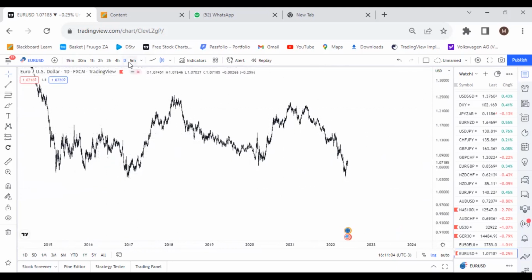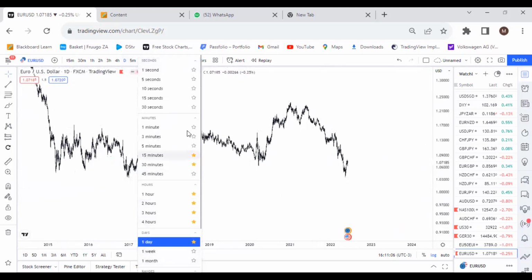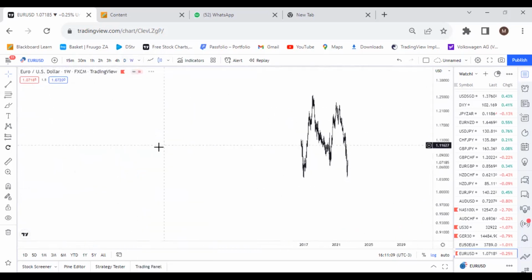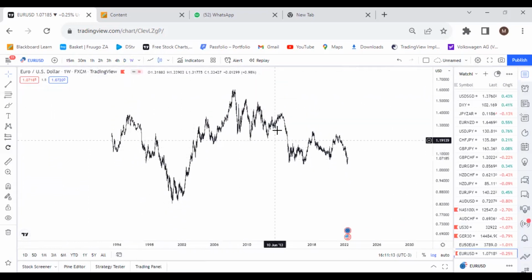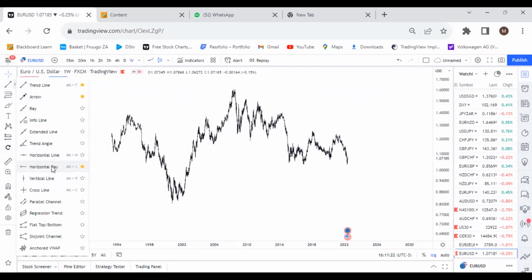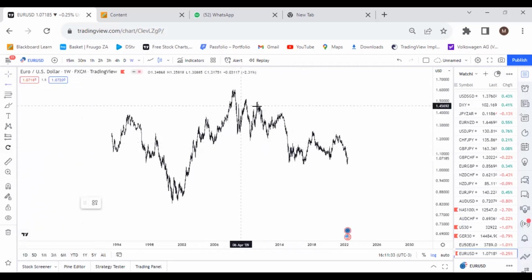So as you can see here, this is the daily. I'm just gonna scale up to the weekly time frame. So what you need to do first is get your highest point and your lowest point. So you need to spot those 2 points, usually you can use a horizontal ray or line, trend line, or a rectangle, but in this case, we'll be using the ray.